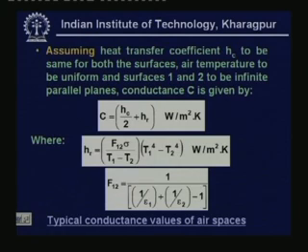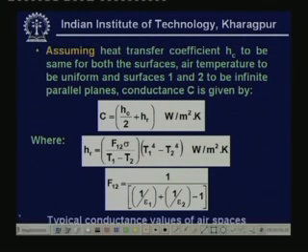And we assume the heat transfer coefficient Hc to be the same for both surfaces. What is the meaning of that? You have two surfaces, surface 1 and surface 2, with air between them.